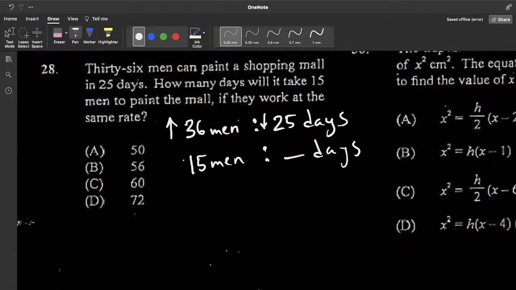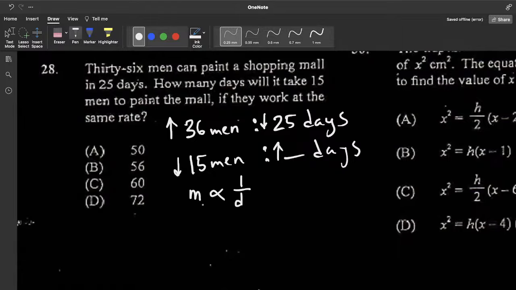But if the number of men goes down, we expect the number of days to go up. So when we have a situation like this, the relationship between the men and the days is inversely proportional. That means as the men increase, the days go down, and vice versa.